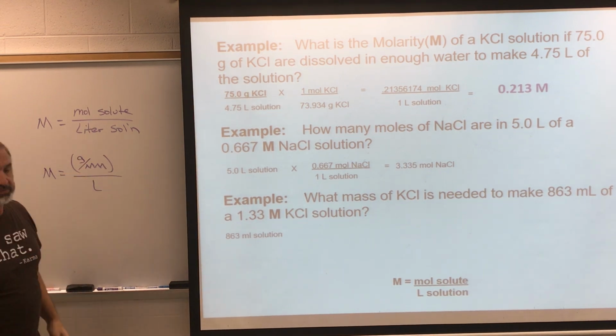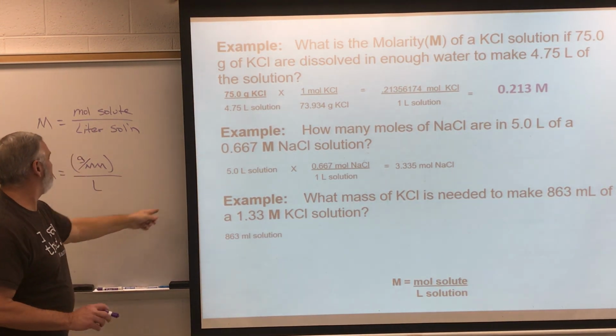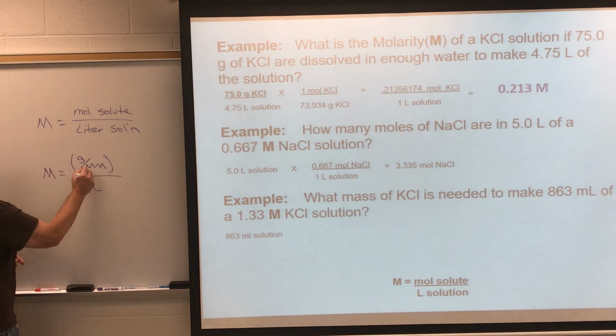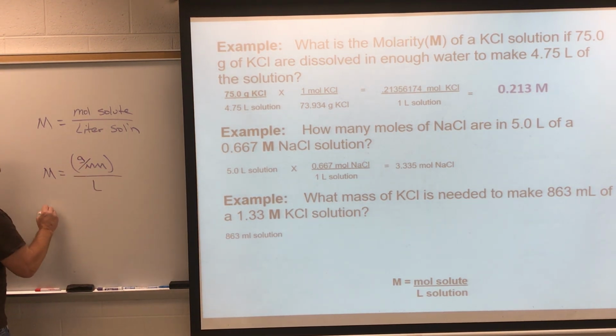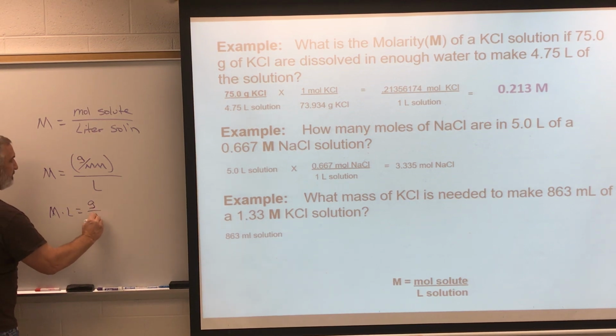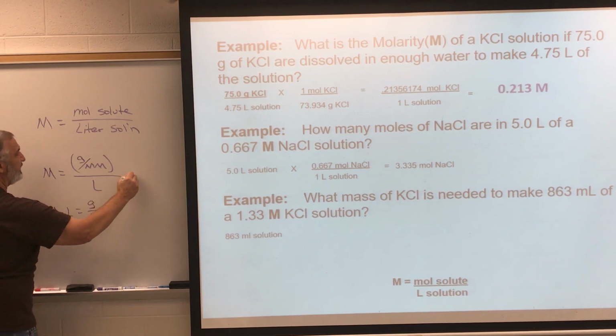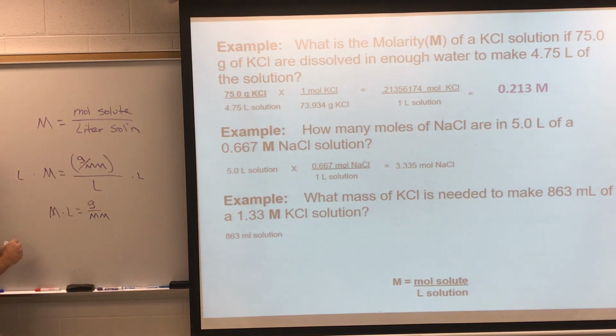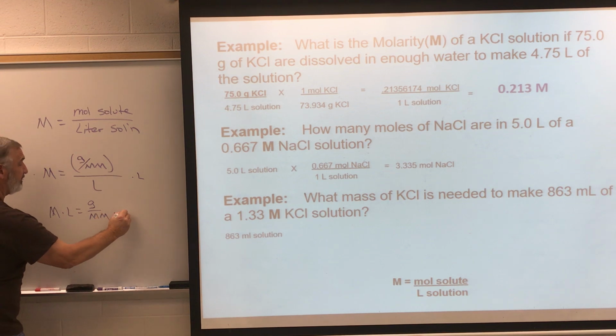So you would just plug in here. Now, we're going to show you one way here, but the way I would do this is you can just plug in. We know that molarity times liters is equal to grams over molar mass if we multiply both sides by liters. Now I have to get rid of my molar mass, so I can multiply both sides by molar mass.